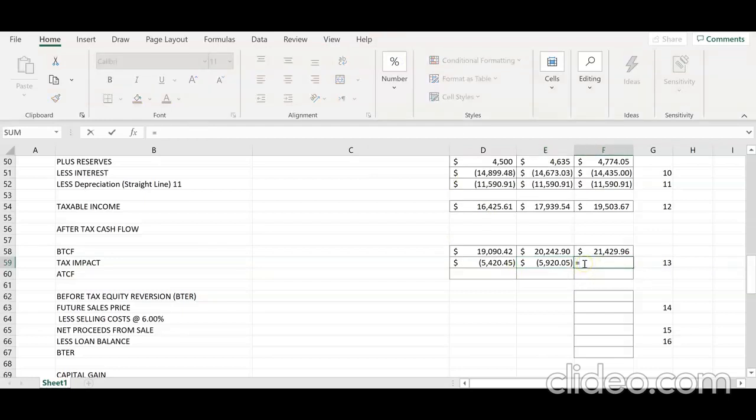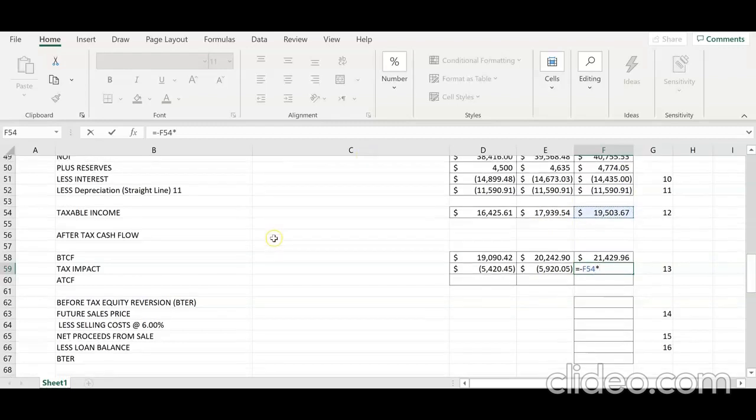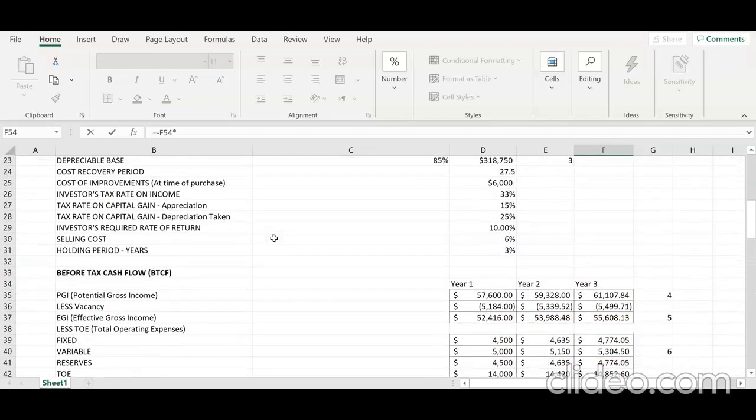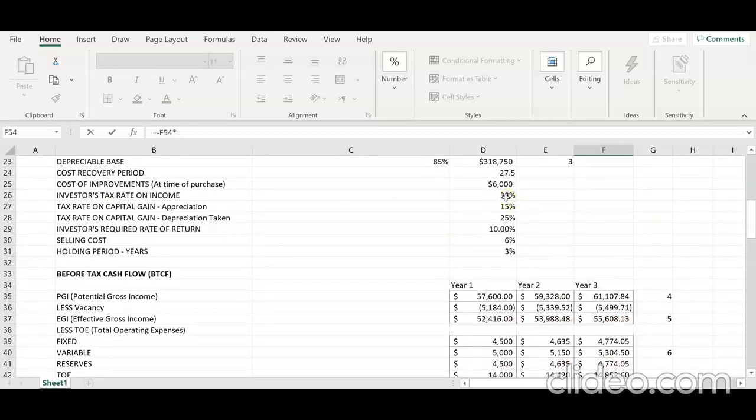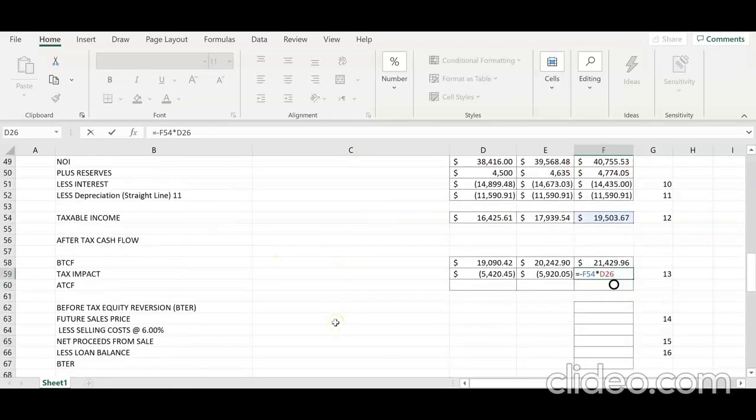And for the last column, it would be the same: negative taxable income multiply by 33%, and we lock down the numbers, change it to the dollar sign.